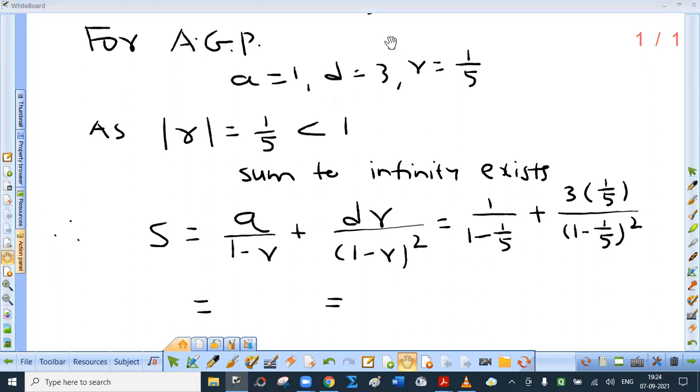Two students have written the same answer, but one student is getting a different one. I hope this is correct: 5 by 4 plus 15 by 16. So this is 35 by 16. So that's it for today, and we have finished this topic, an important one.